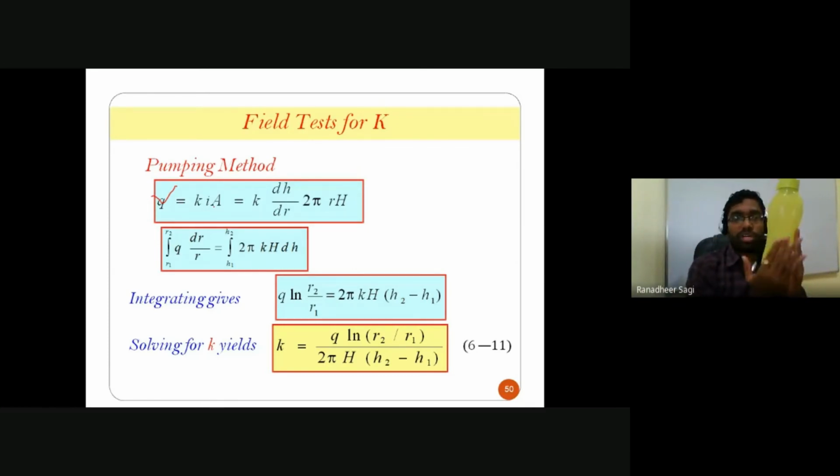Here, the total cross-sectional area means the complete surface area available through which the flow is taking place. So K is something we are trying to calculate. Okay, this is what I wanted to calculate.